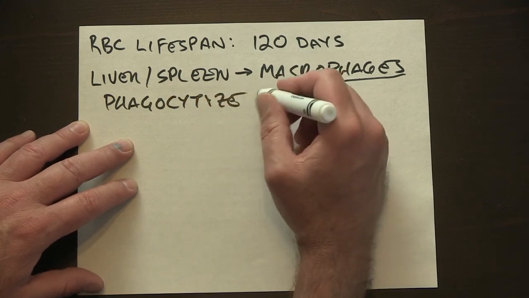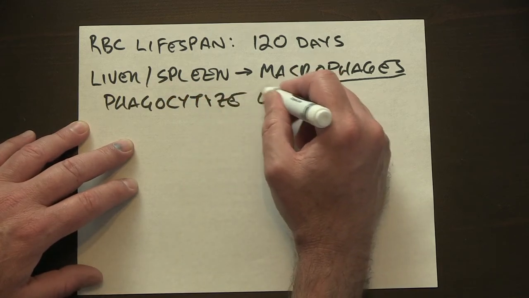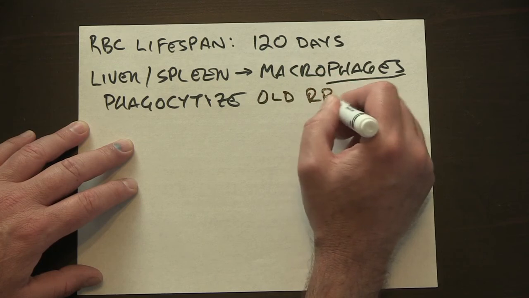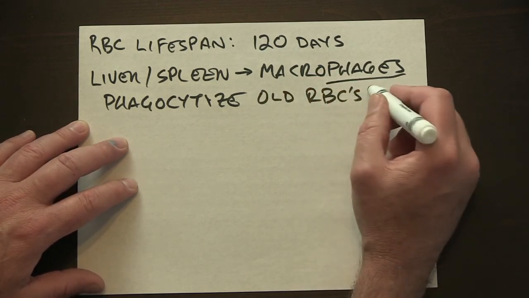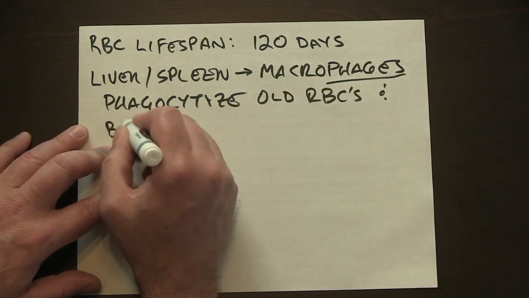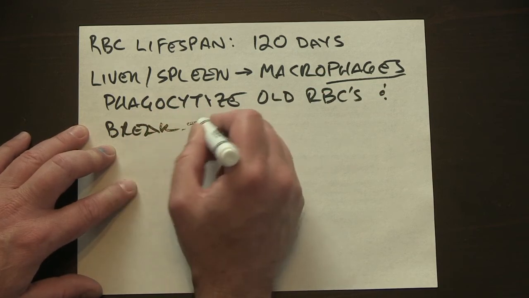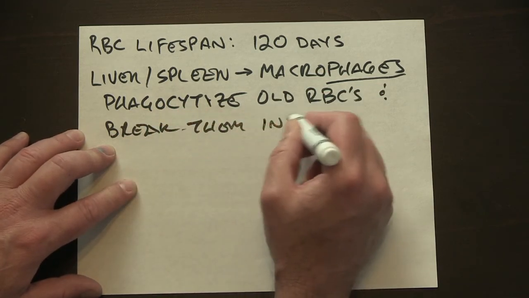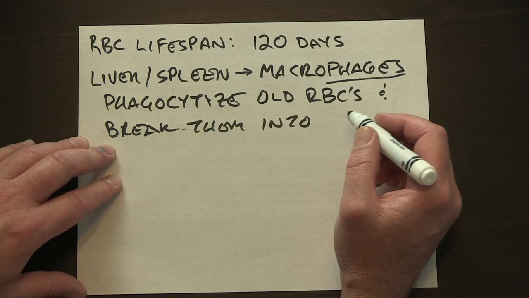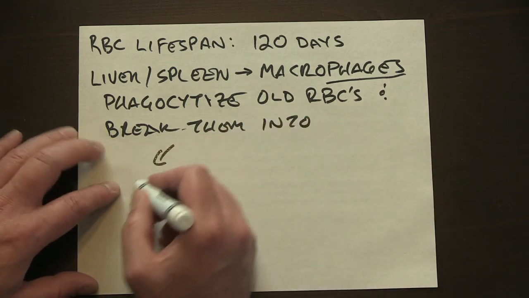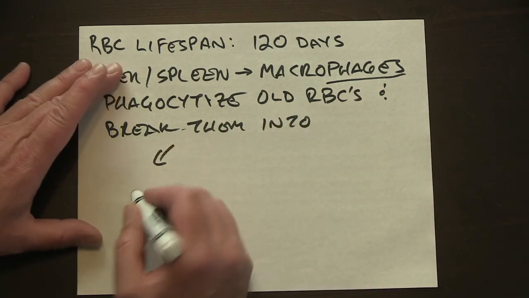They phagocytize the old RBCs and then break them down into their components, into the iron.